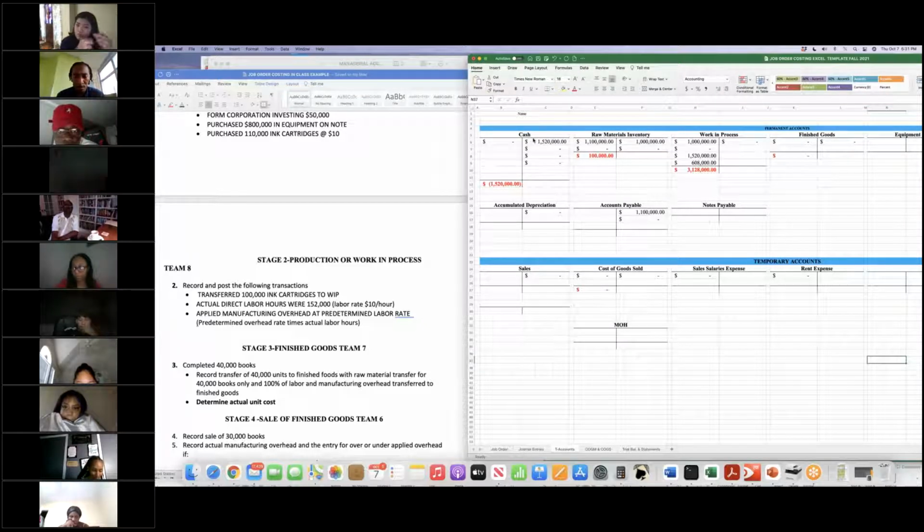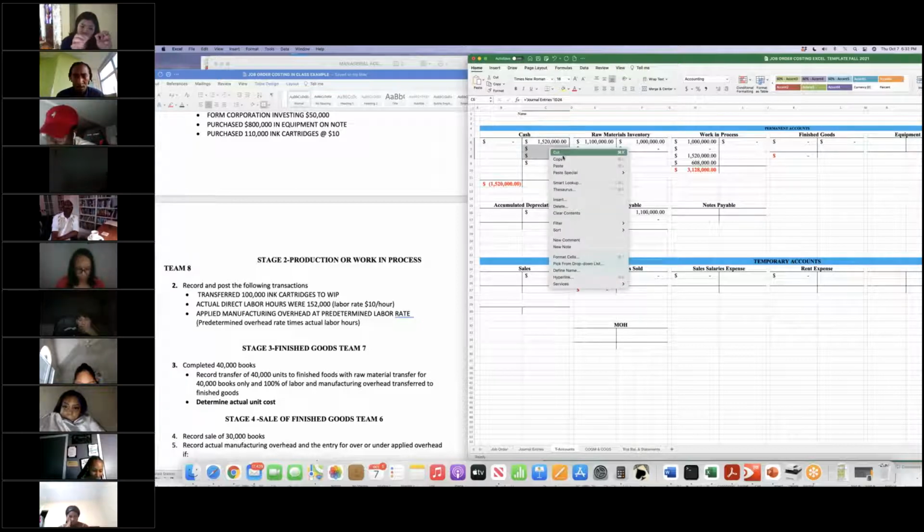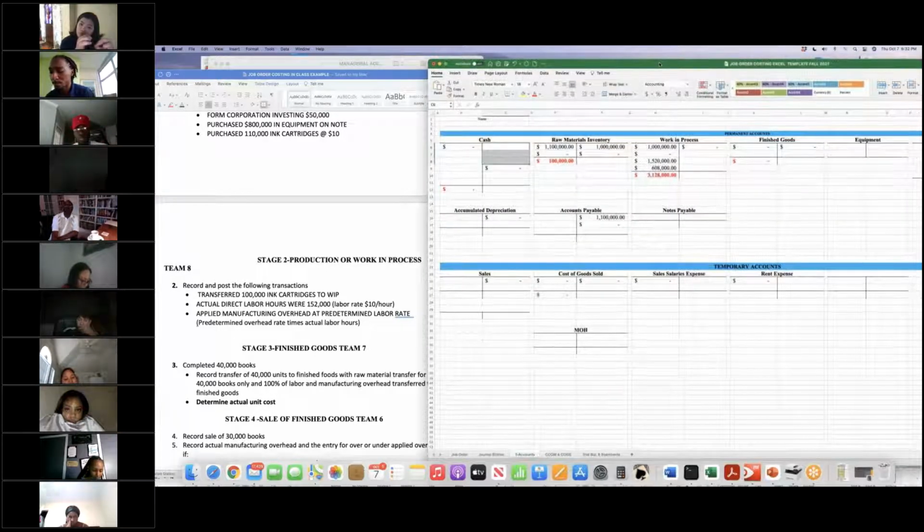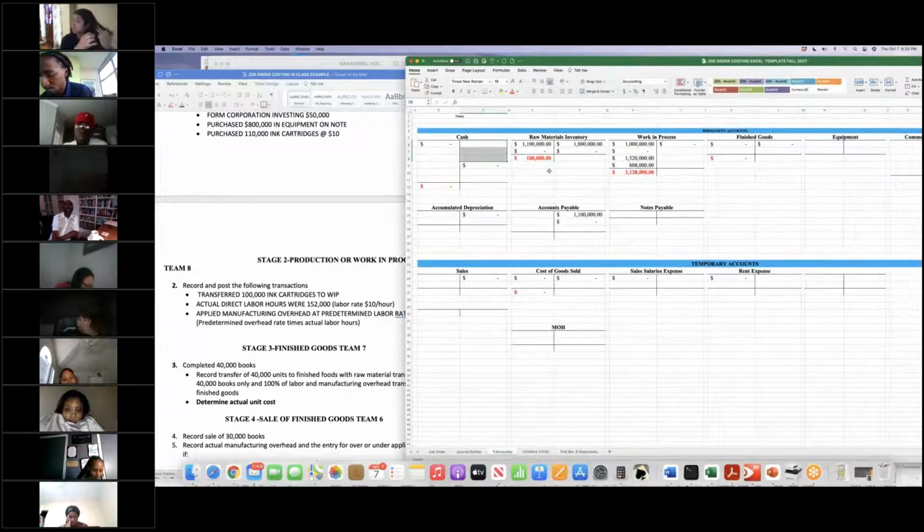So these are the costs that we have in here, correct? In raw materials, we bought $1,100,000.